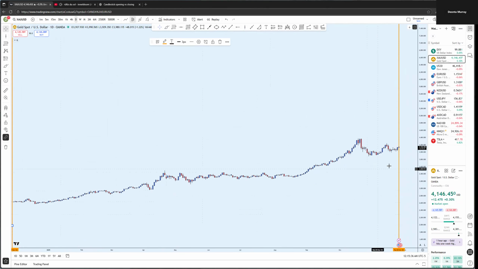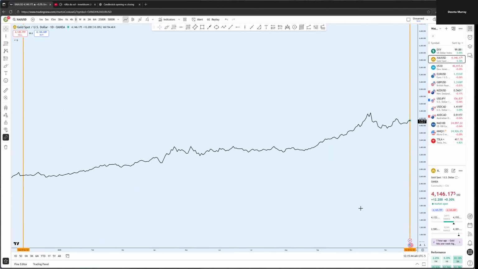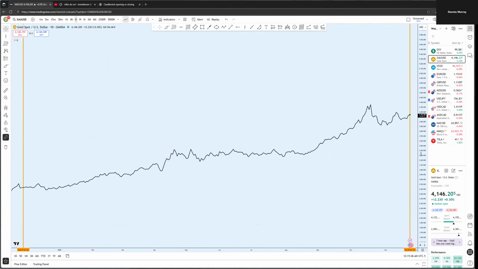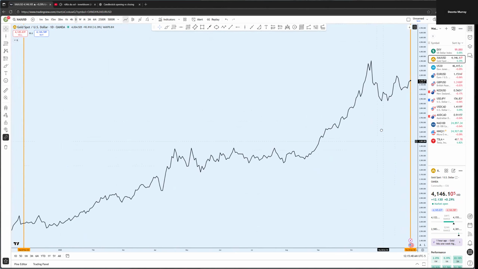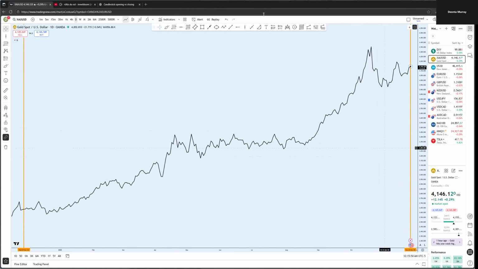All it does is give you the range from last year's 1 year mark. What I like to do is turn on the line chart, right? Now I space it out just a little bit and mark off both ends.